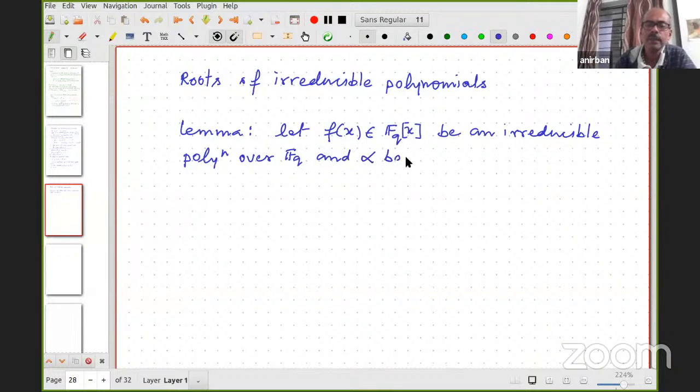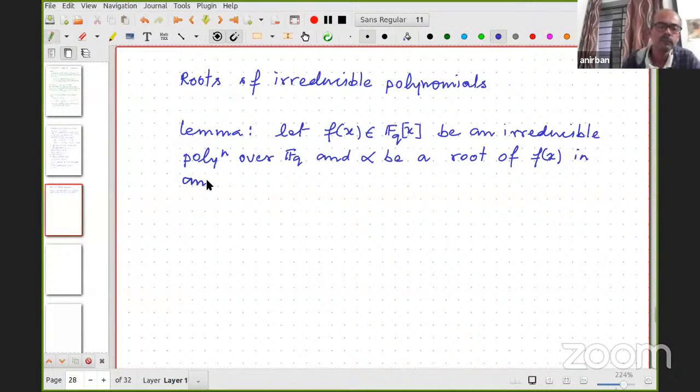And let alpha be a root of f(x) in a splitting field, in some extension K of Fq.